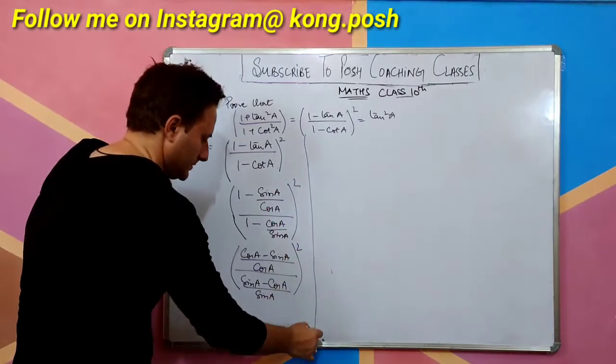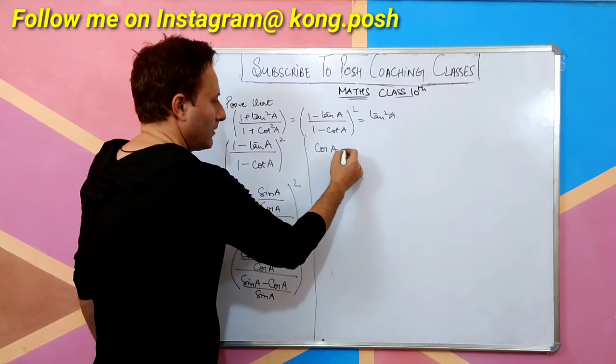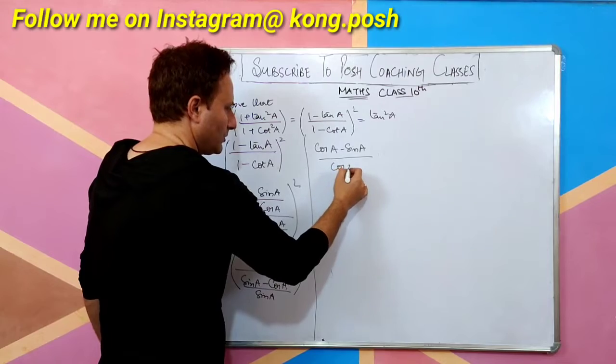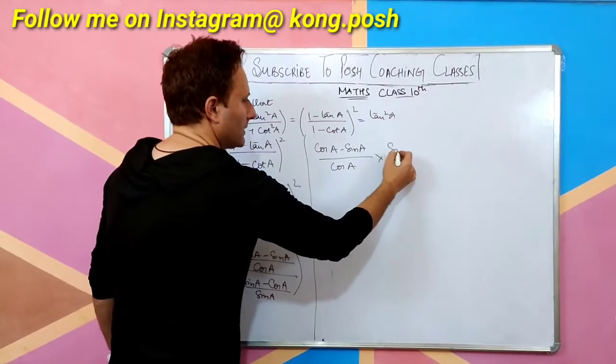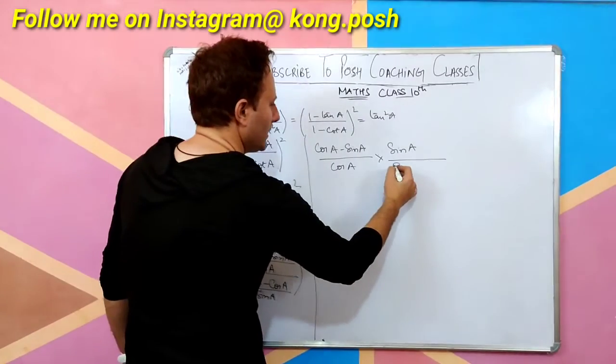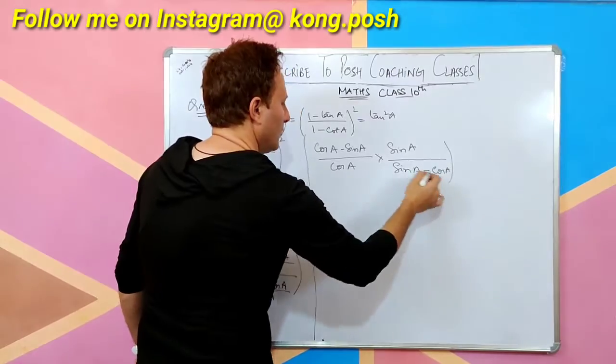Now what do we have? We have cos A minus sin A whole divided by cos A multiplied by sin A. Then I have sin A minus cos A whole square.